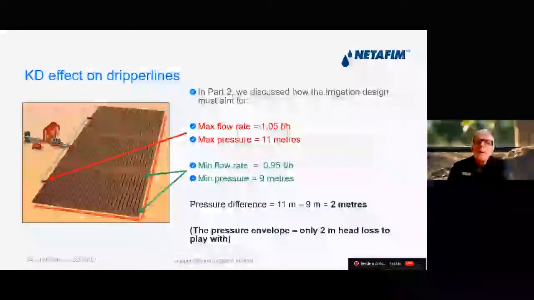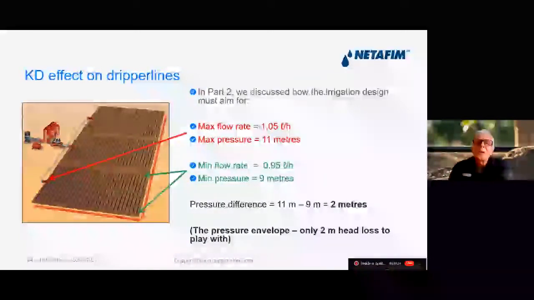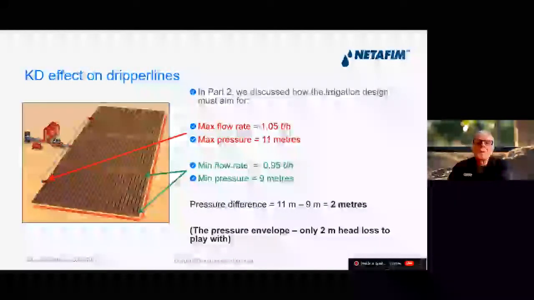Now, if we go back to webinar number 2, there we saw how the pressure varies within an irrigation block, and how, in order to get the flow rate that we wanted, we have a pressure drop from where I'm pointing to now, at the beginning of the irrigation block, until the end of the green arrows there, where the pressure will be lowest.